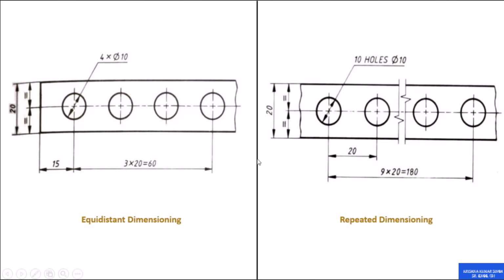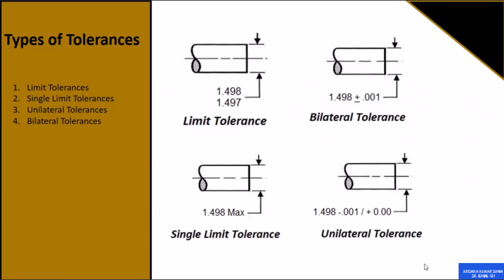This is also a method of representation of the center line. You can see here the center line, which means it is equal in all directions. It is also similar in types of tolerances. Basically we have three kinds of tolerances: limited, unilateral, and bilateral. Unilateral, single-limit tolerances are used less, but they have a very specific use, which I will go on to tell.